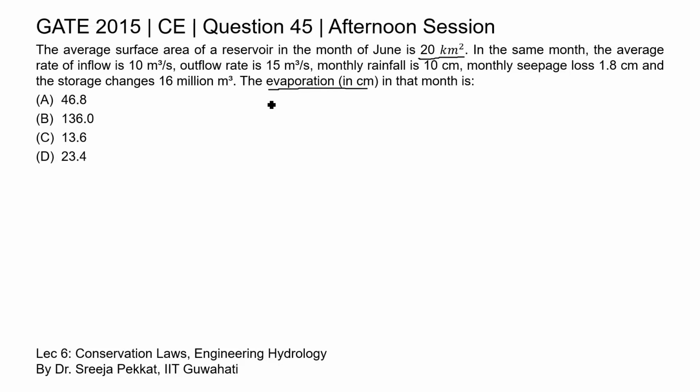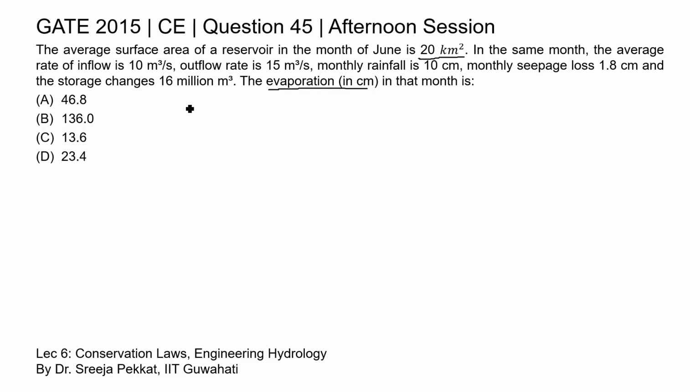So, this question is from the topic of basic conservation laws of water budget equation. You may study about conservation laws and water budget equation in detail by watching lecture 6 Conservation Laws, Engineering Hydrology by Dr. Sreeja Pekat, IIT Guwahati.